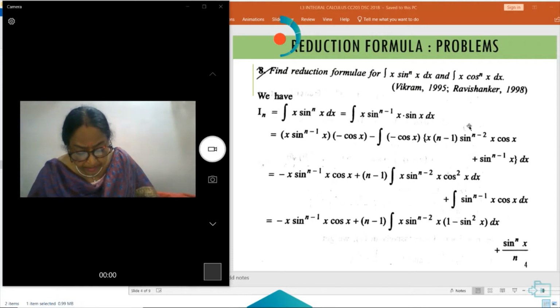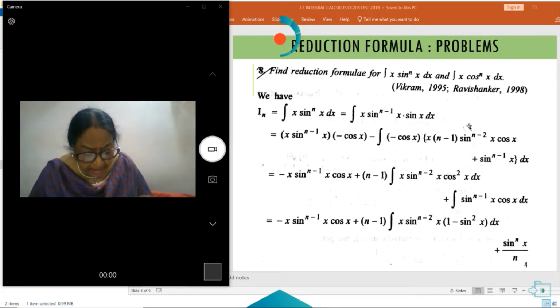So x sine n minus 1 x is taken as one function at a time, and integration of sine x is minus cos x.